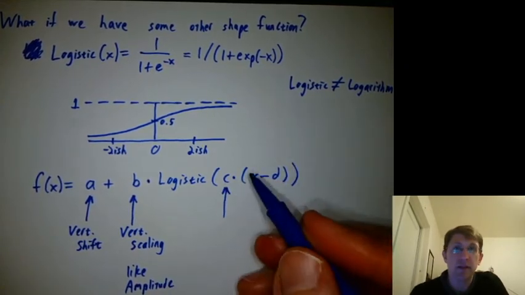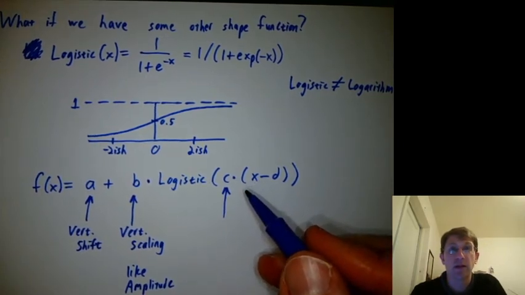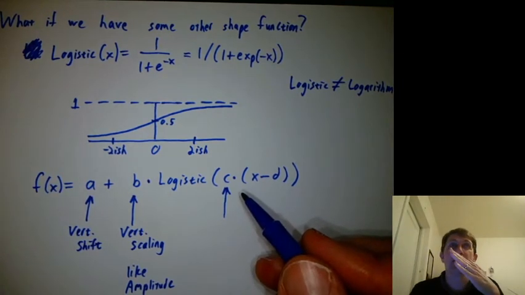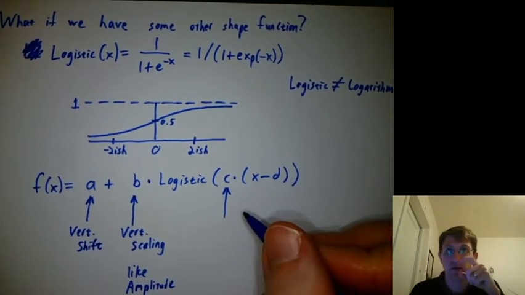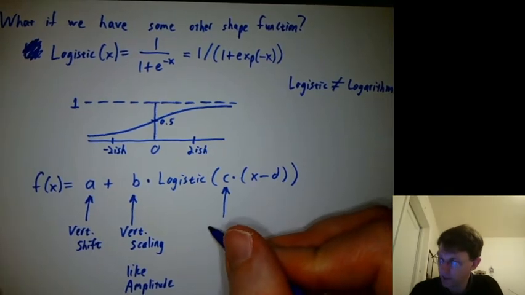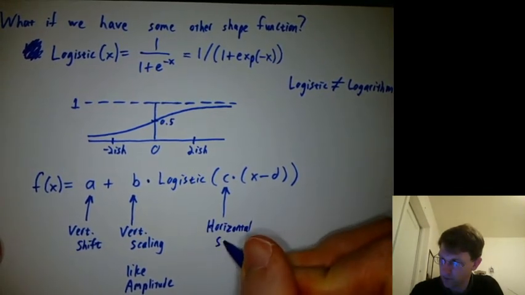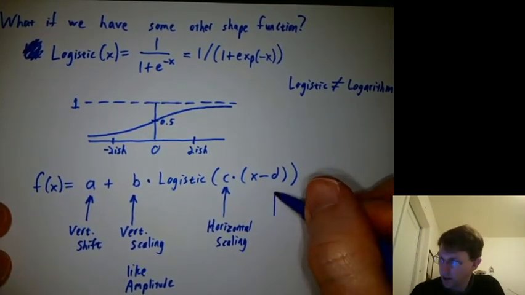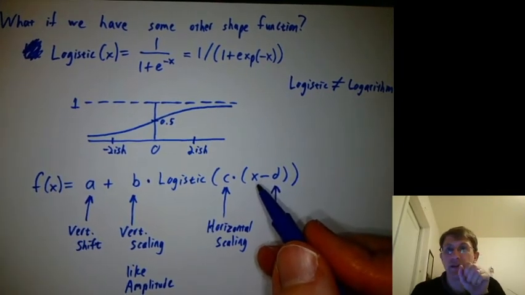What is C? C is multiplying x. We're used to a slope multiplying x, and slopes change how steep things are. And here, you can think of that as either a vertical scaling or horizontal scaling. But here, since it's inside the nonlinear part, we're going to say that is a horizontal scaling, or you could say a horizontal dilation. And this one is affecting which x kind of acts like 0.